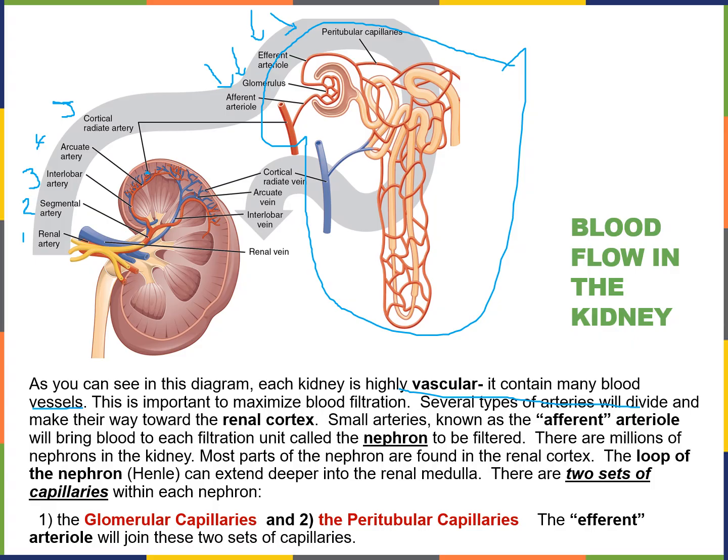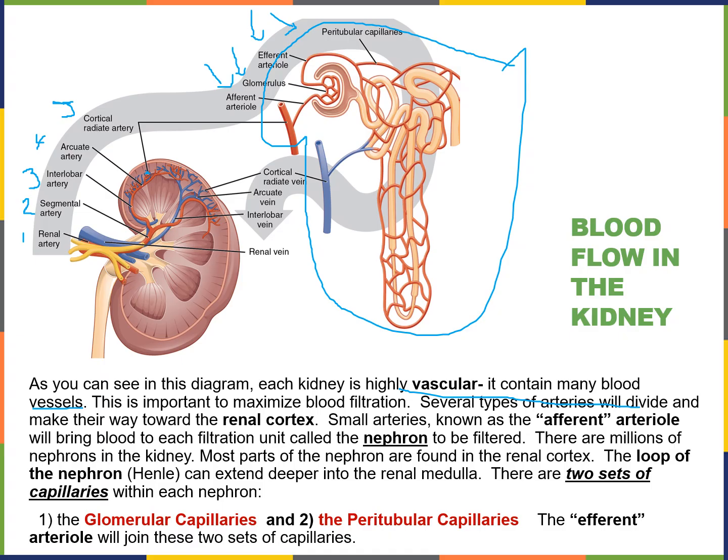So as I said when I first started, this is really the physiology of urine production. And so we need to understand the parts of a nephron, and then we need to understand exactly what happens in each of those parts of the nephron.